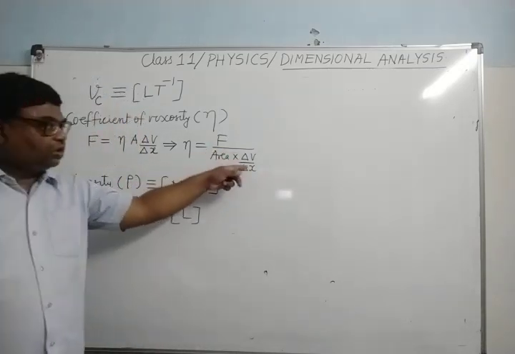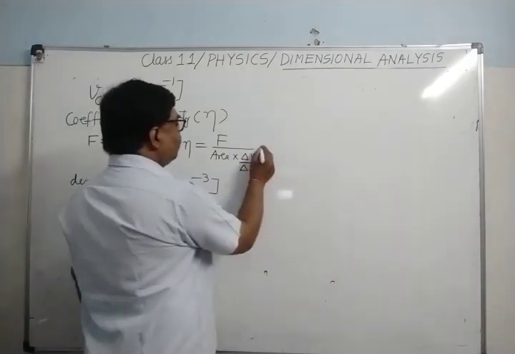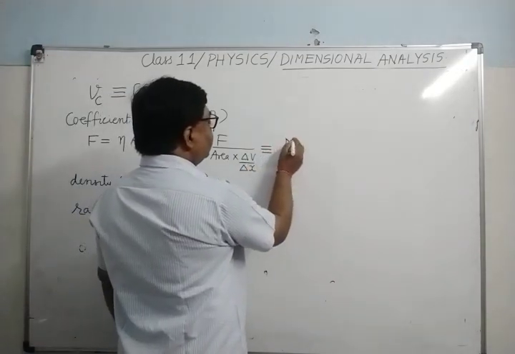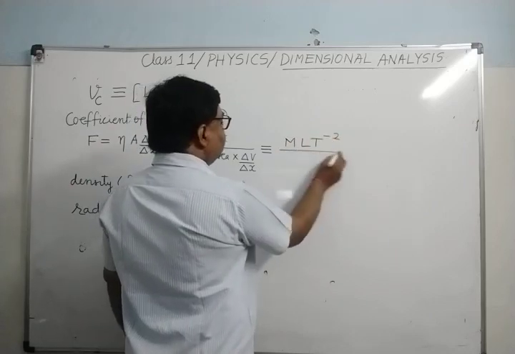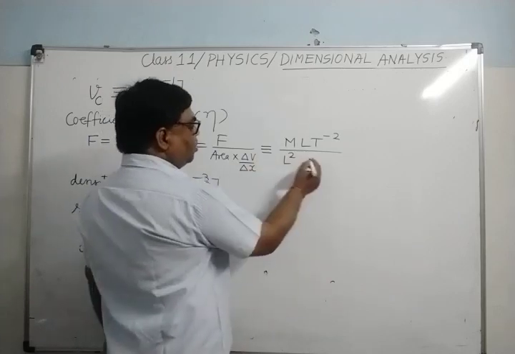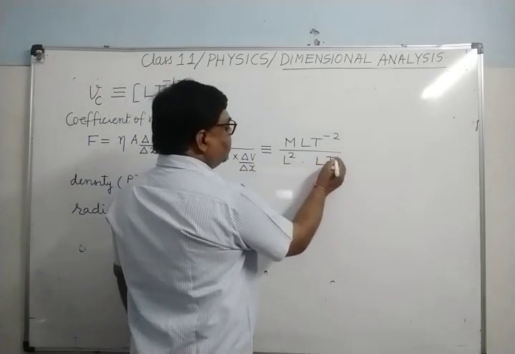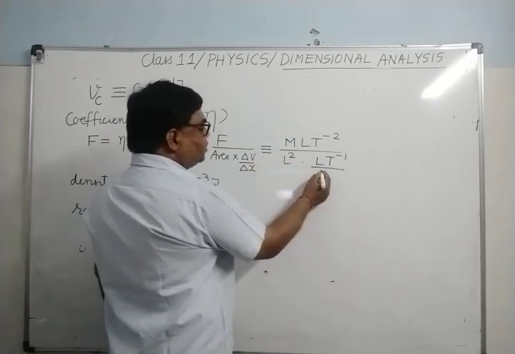V is velocity, X is distance. So you write down the formula of all quantities. Here force will be MLT minus 2. Area will be L square. V is LT minus 1. And here delta X is length, L.